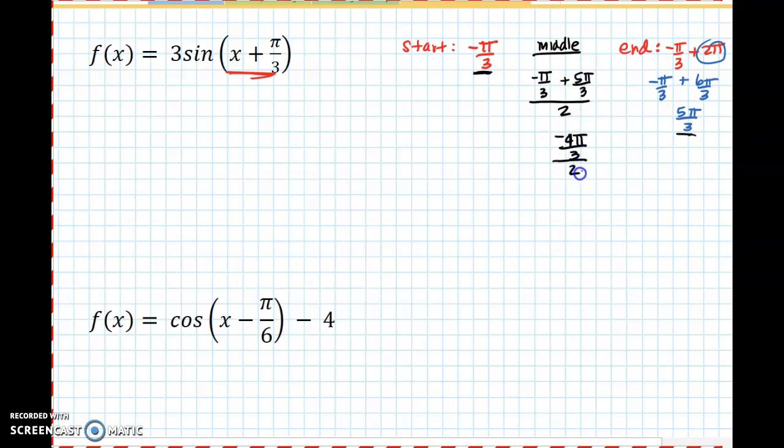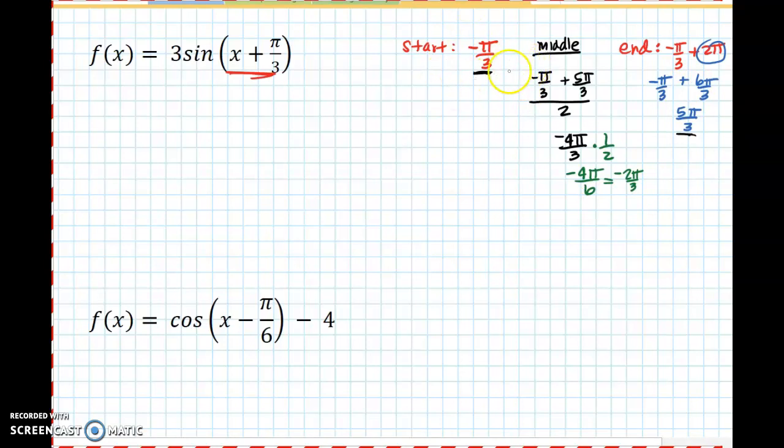And then you're dividing by 2. Technically, when you divide by 2, let's just say we multiply by a half. That's a little bit easier. So this is negative 4 pi over 6, which is negative 2 pi over 3. Cool. So we have 1, 2, 3 numbers out of our 5 number summary.